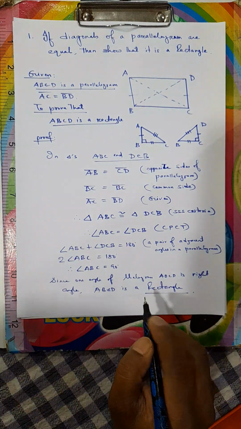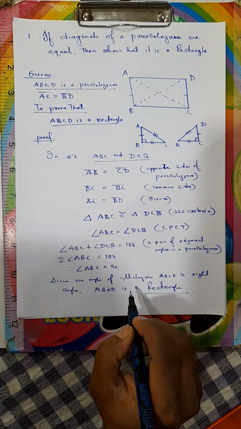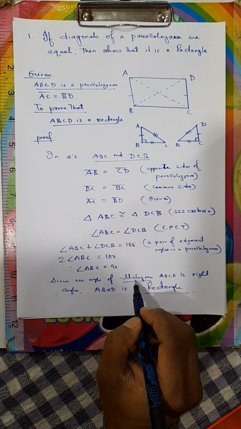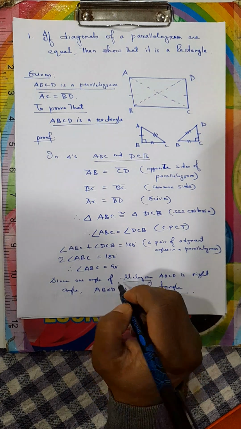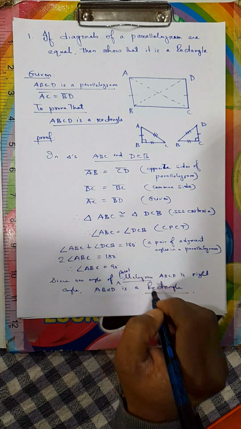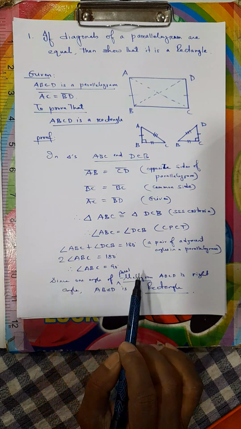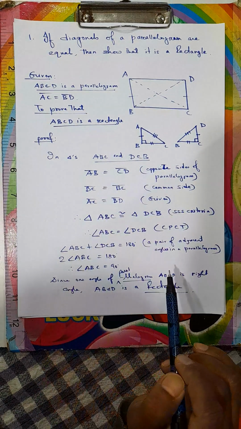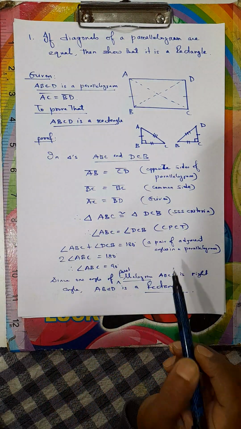So this has to be proved. This we are writing in short form parallelogram. So since one angle of this parallelogram is a right angle, it is a rectangle.